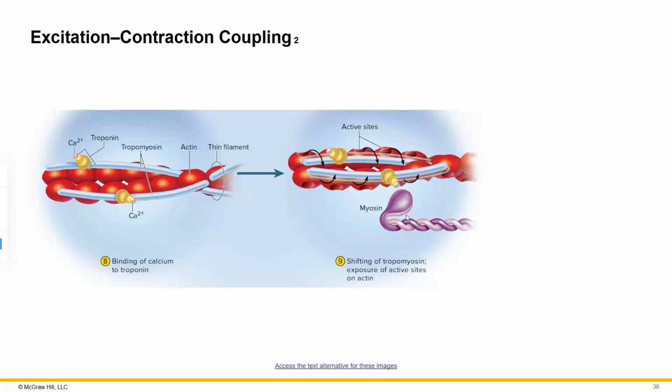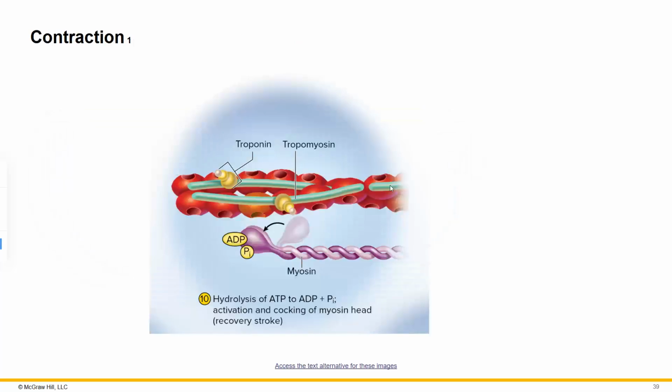So now myosin can finally bind. When myosin binds, it's eventually going to be moving in a direction to pull the actin filaments toward that center, that M line, and that's going to shorten the muscle. That movement requires the hydrolysis of ATP.